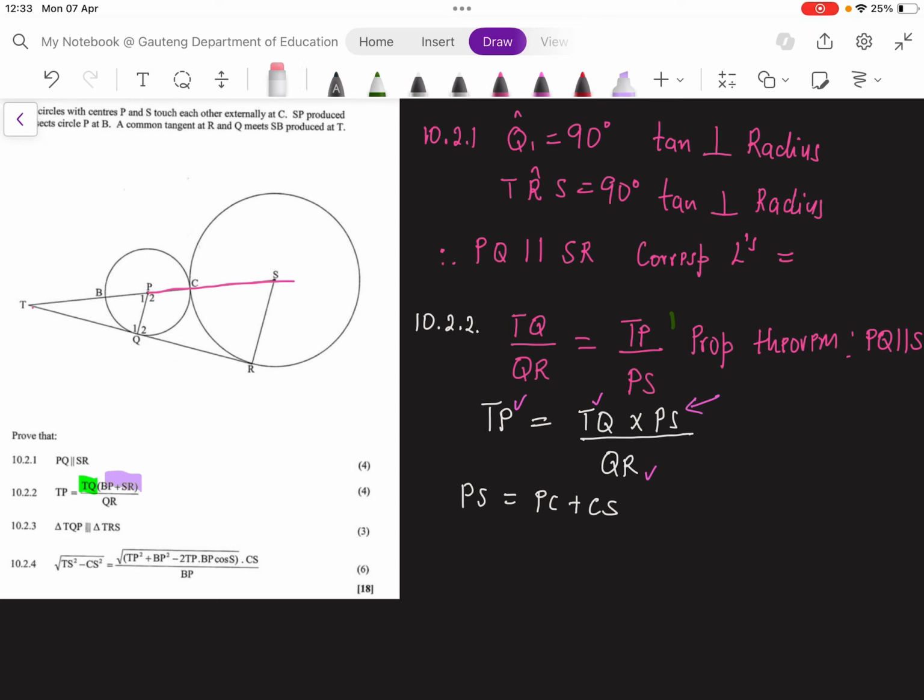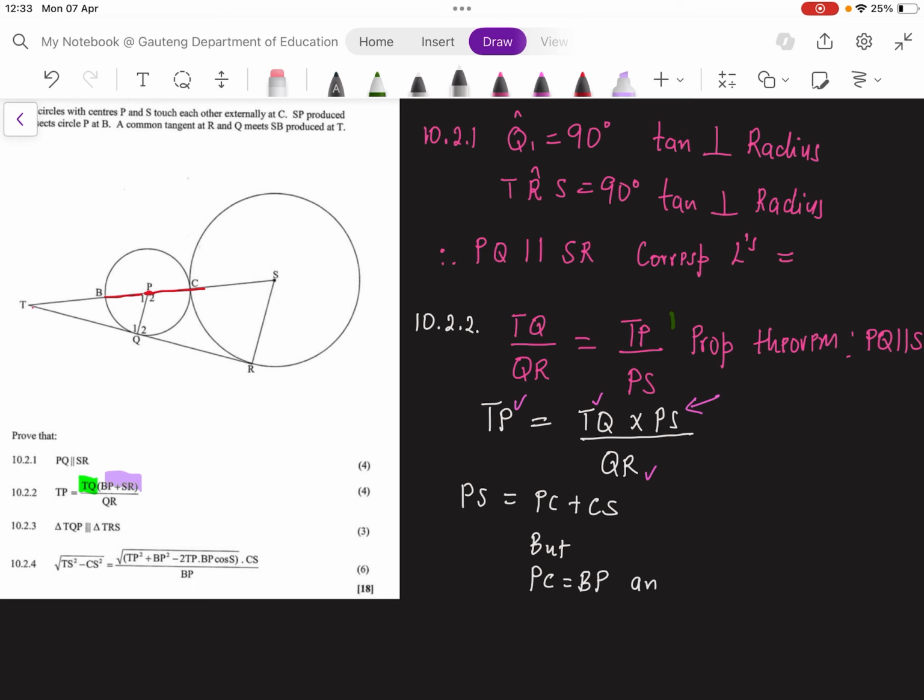And then again, from the diagram, we can see that this PC is equal to BP. Remember, this is a center. So PC and BP represent the radius of the smaller circle. So PC is equal to BP.